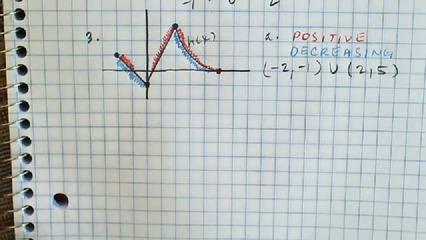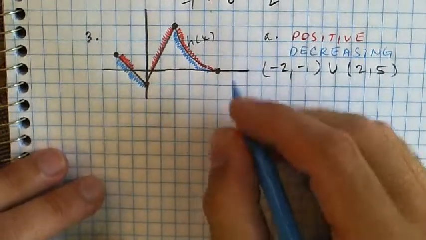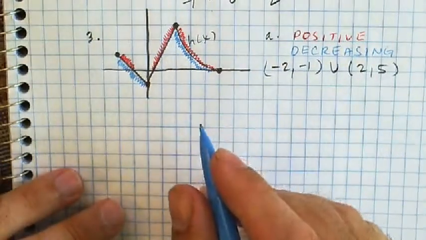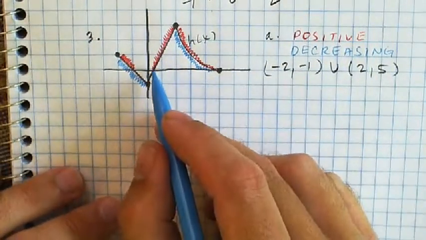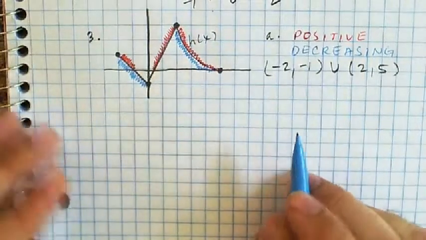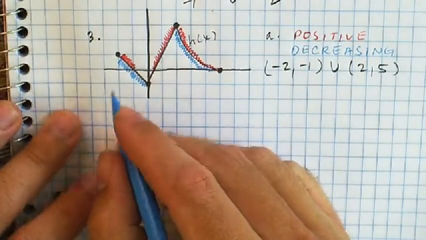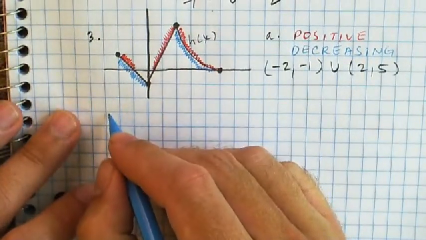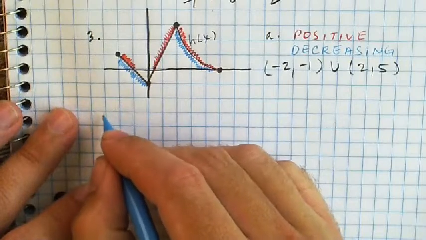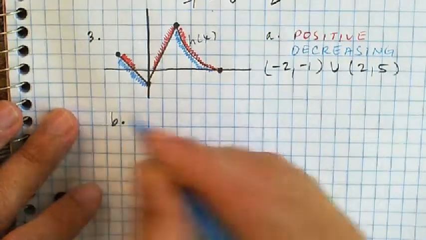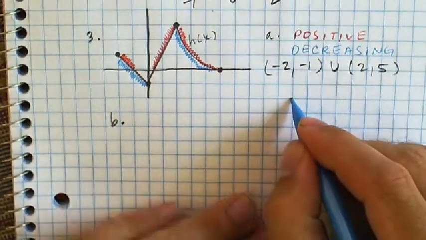Okay. Part B is to find the area of the region enclosed by the x-axis and the graph of h in the first quadrant. So what I'm going to do is reproduce this graph, but only the first quadrant. I'm going to do it over here so we don't get distracted.